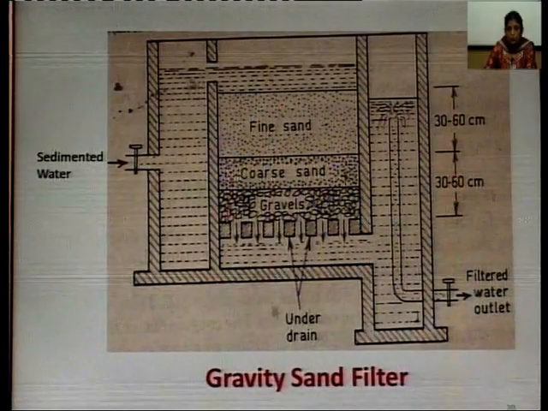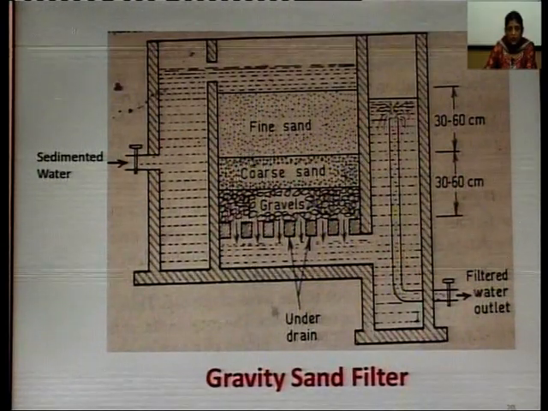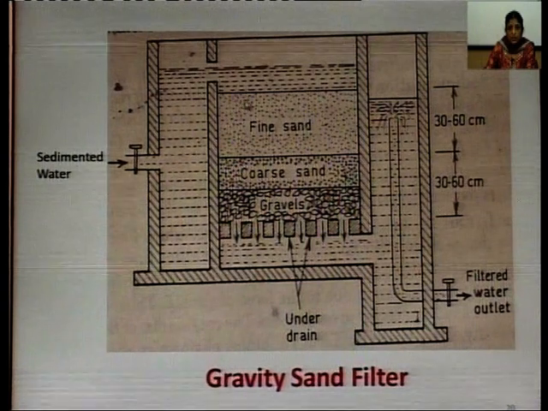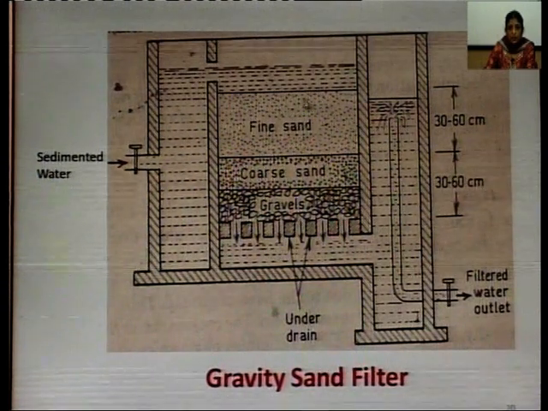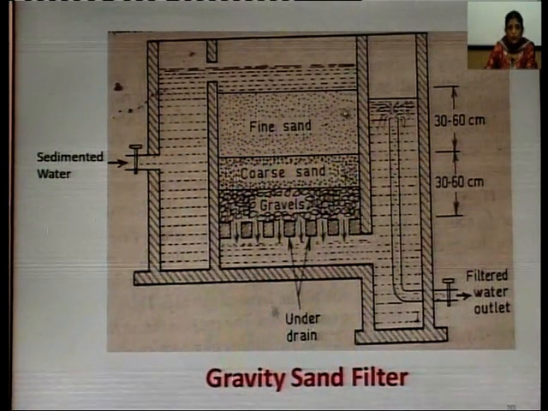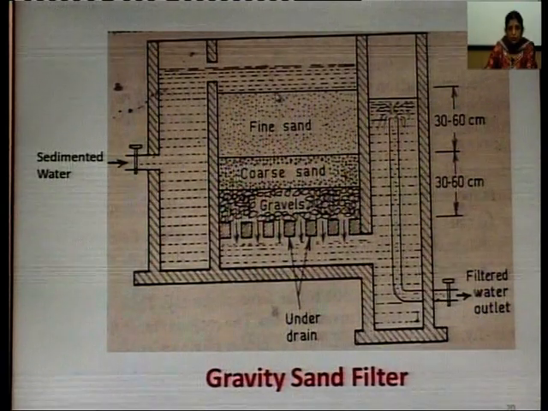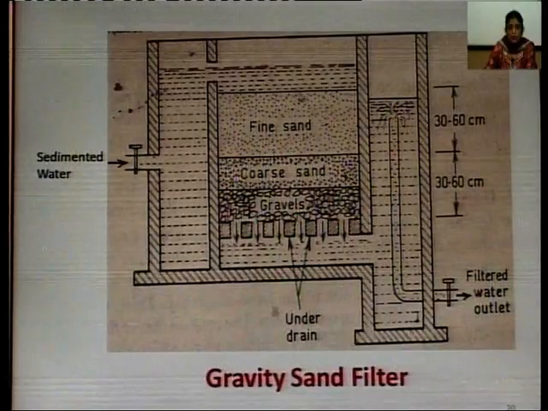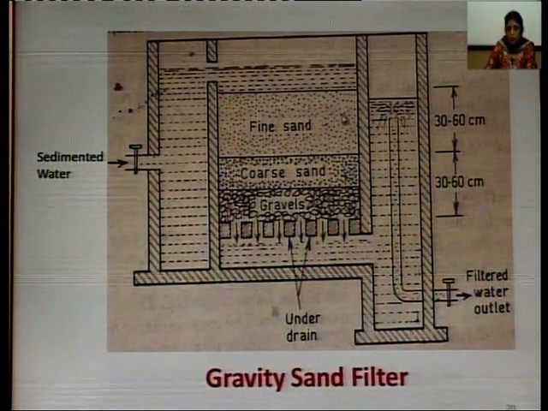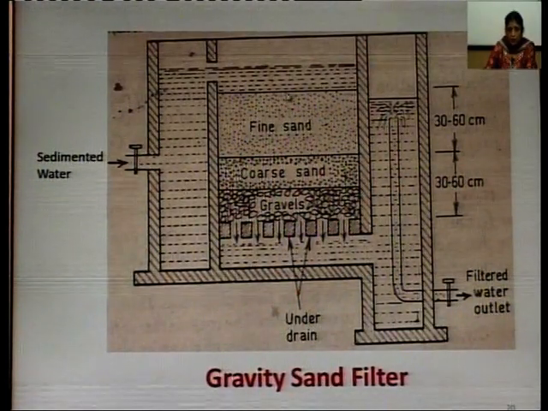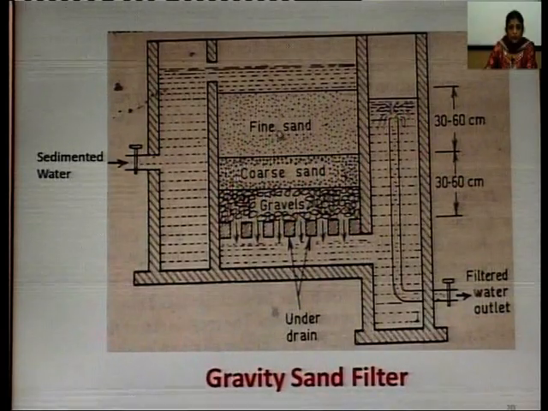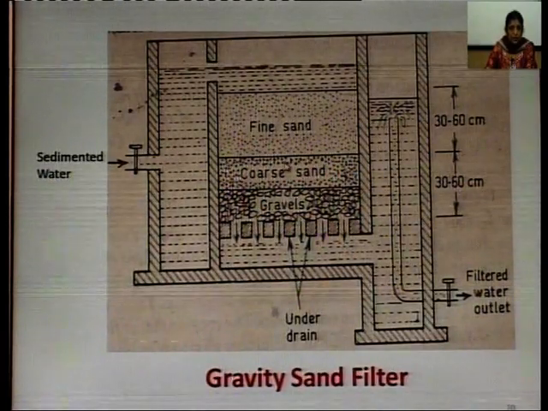During filtration, impurities remain on the fine sand layer. So, the pores of this layer through which water can seep become clogged, or we can say choked, and when it becomes choked, the rate of filtration decreases.